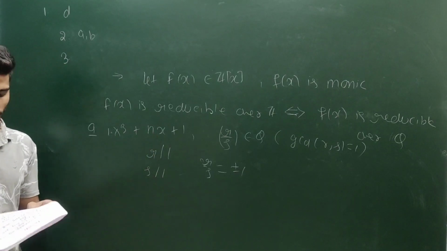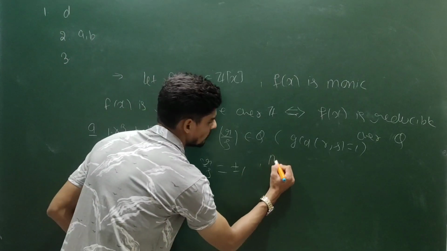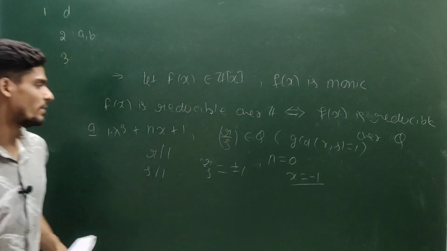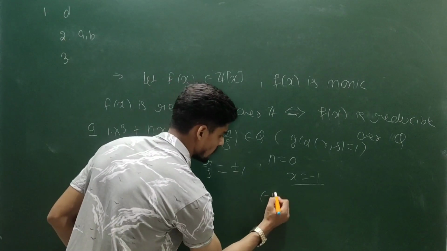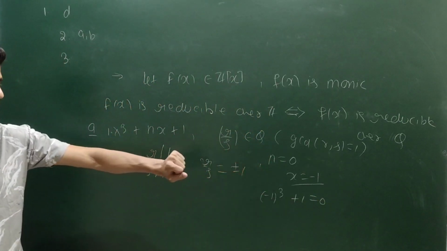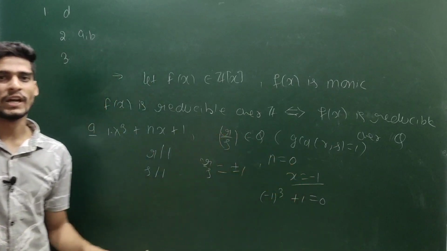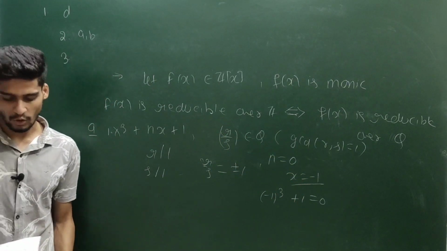It is saying for every n belongs to Z, if you choose n to be 0, then take x equal to minus 1, it will vanish at the point minus 1. You can check the value: minus 1 power 3 plus 1 is 0. So for n equal to 0 and x value minus 1, it has a root, hence it is reducible over Q if and only if reducible over Z. So option A is false.